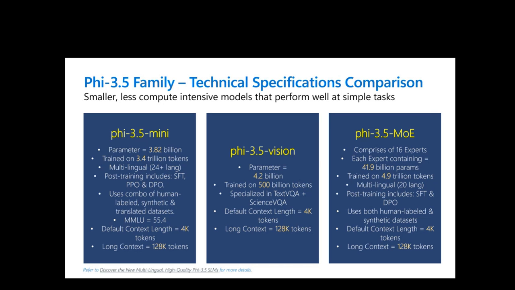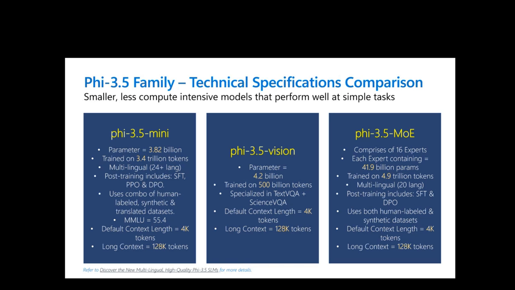Expert refers to, if you think of the entire model as a neural network, a specialized sub-network within the larger neural network, which is designed and trained to handle a specific task or part of the input data. That is basically defined as an expert. So the Phi 3.5 MOE is built on the capability of these 16 highly trained, highly specialized subnetworks, each handling certain aspects of the inputs or tasks.